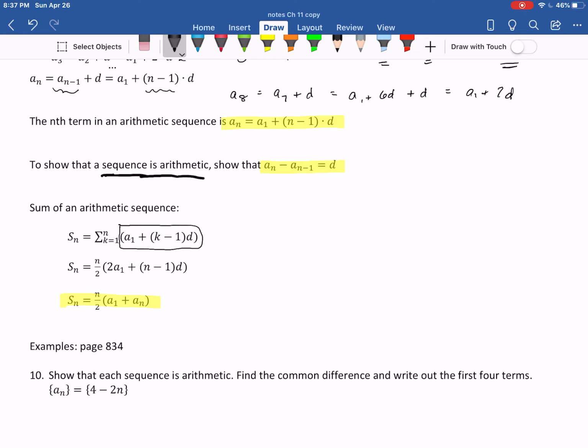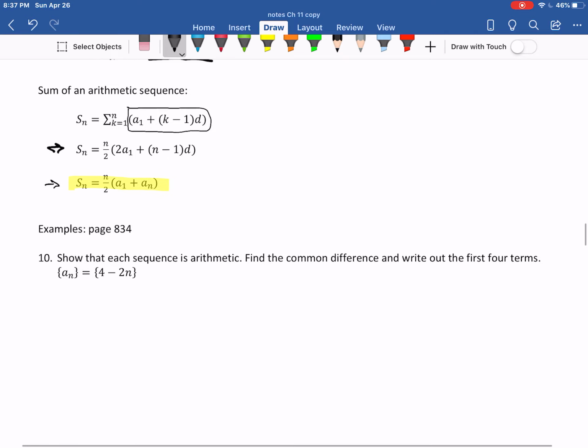And in that sense, I would just get a1 for my complete expression. The second term is where k equals 2, and so that would be a1 plus 1d. If k equals 3, that's the third term, so that would be a1 plus 2d, and so on and so forth. And when you expand it out, you get to this line right here, but the final version that we like to use to calculate the sum of all n of these terms is on that last line.